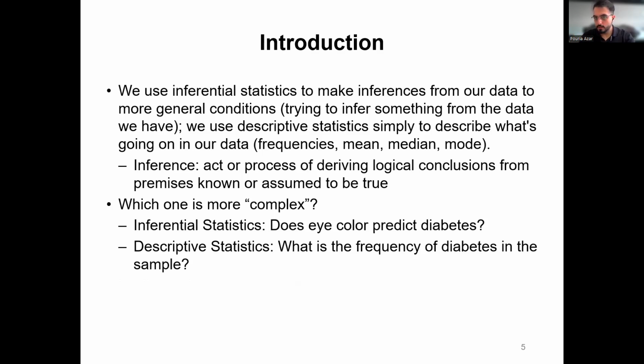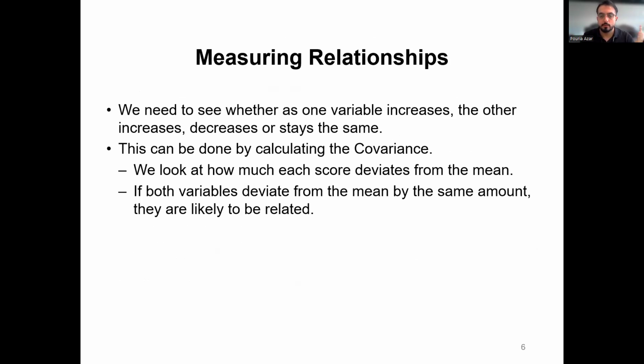We will use regression, for example, in this case. That's complicated compared to descriptive statistics. Another example of descriptive statistics is: what is the frequency of diabetes in the sample? We are just evaluating the frequencies in the sample. That's descriptive statistics. So relationships, correlations, and other statistical procedures are inferential statistics. We are making inferences from our data to draw general conclusions.